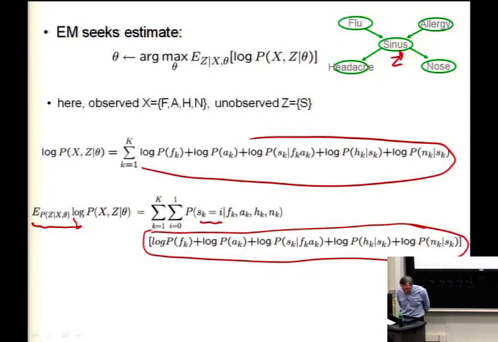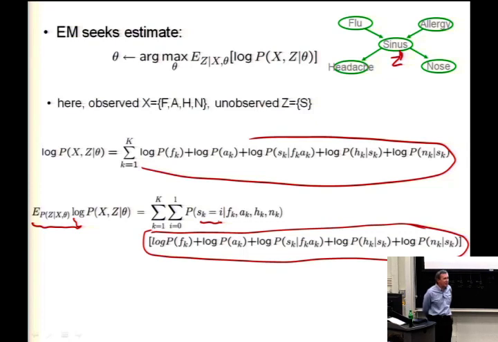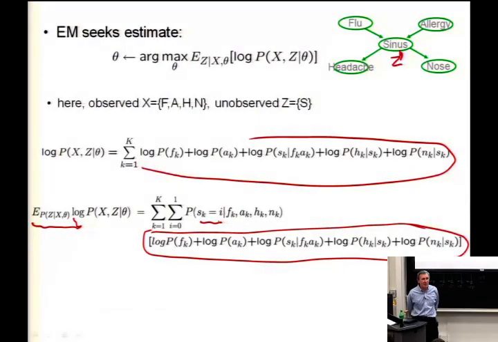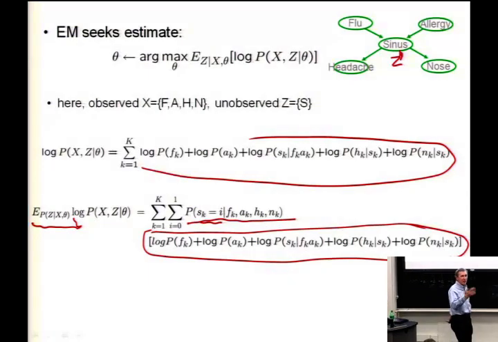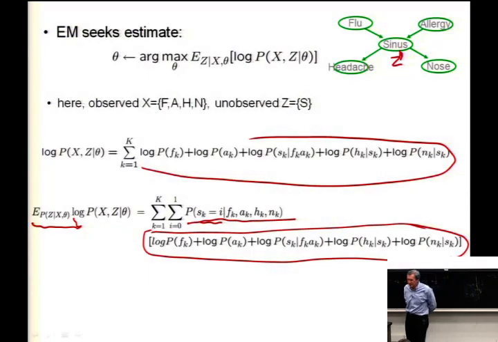So that's simply the formula. That's all it means, really, to take the expected value of that likelihood. It just means we're averaging together with these weights the likelihood under the 2 possible values for the unobserved S.